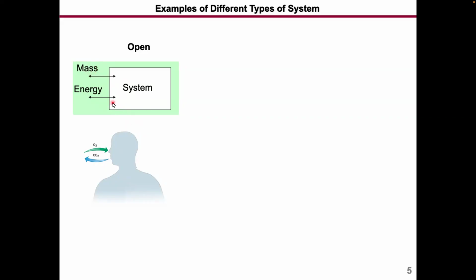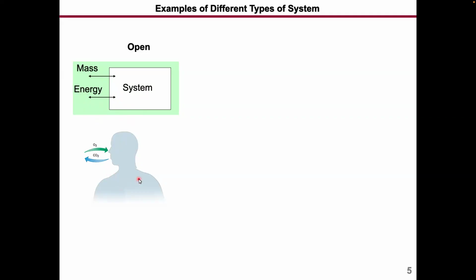And the same thing with energy, right? The air you are inhaling is probably at room temperature, which is 25 degrees C. Then when you exhale, the CO2 has been heated up by your body. So you also have energy transfer between your system and the surroundings.